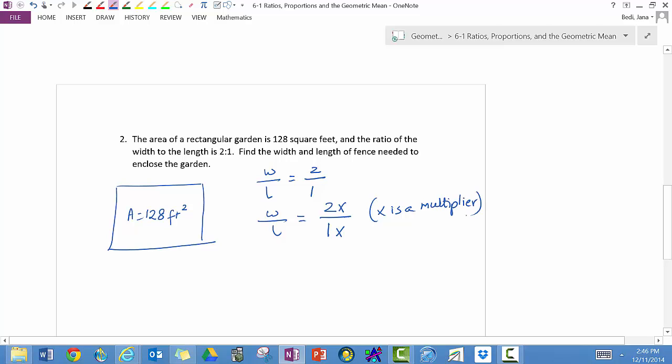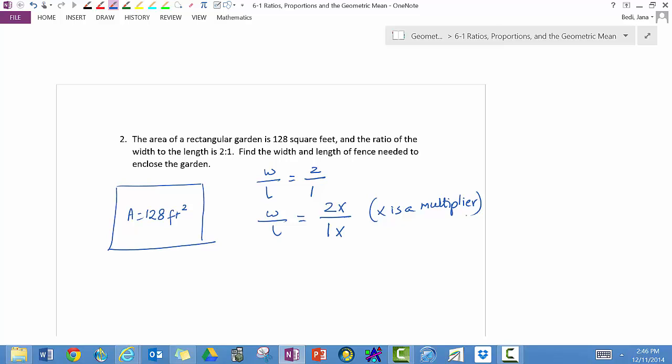Note that I can reduce 6 over 3 to 2 over 1. I can reduce 8 over 4 to 2 over 1. So I don't know exactly what the original ratio was, but in its reduced form it's 2 to 1.